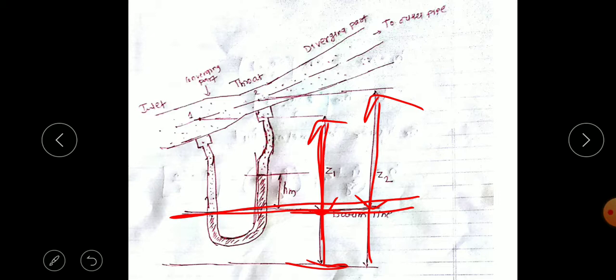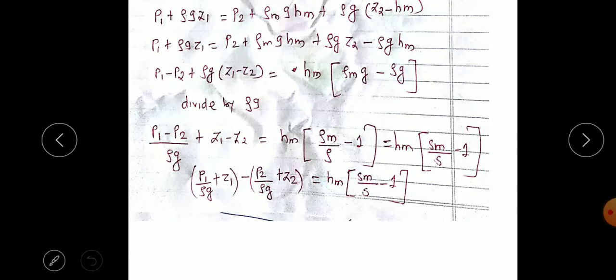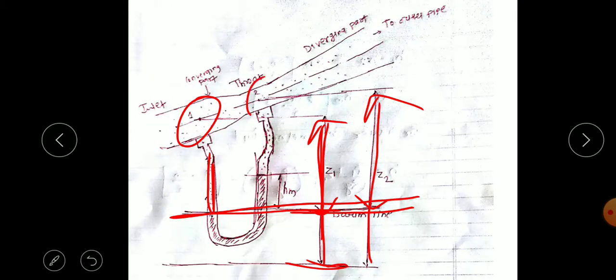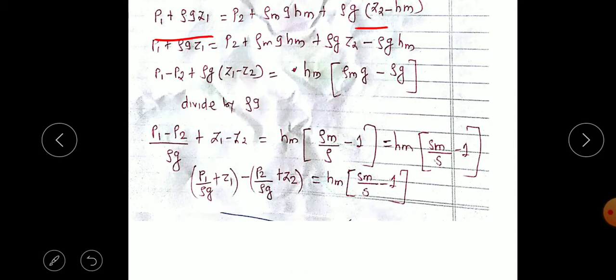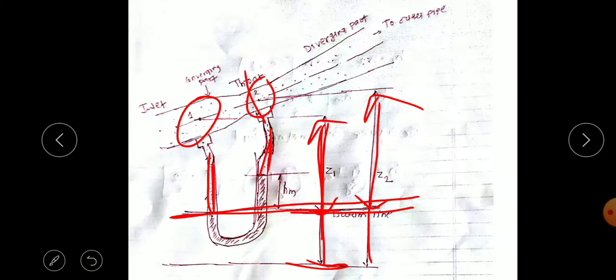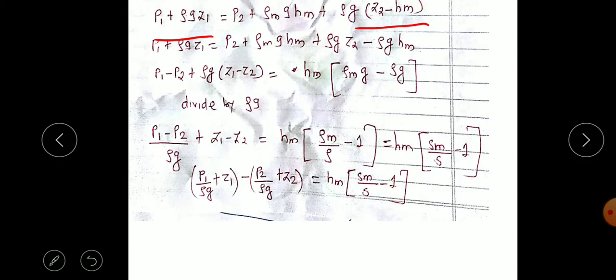In that case, we can write the pressure at point 1 as P1 plus the pressure due to this fluid, rho g Z1. The pressure at point 2 will be P2 plus the pressure due to this fluid, Z2 minus Hm, and the third is the pressure head due to the manometric fluid, rho m g Hm.